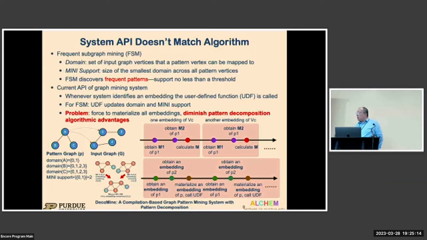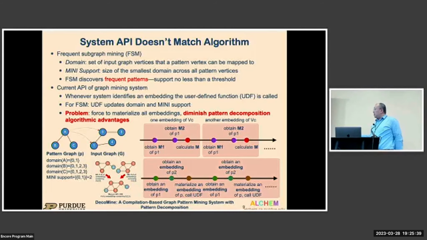The current graph mining systems allow the user to define a user-defined function, so basically the system can return an embedding, and the user can specify what to do with the embedding. So there is an interface between the system and the application.